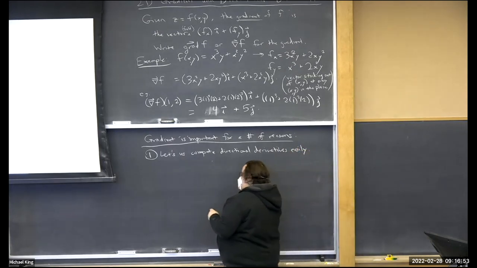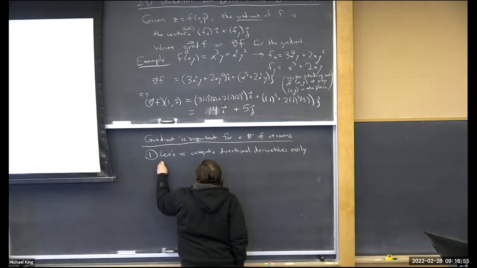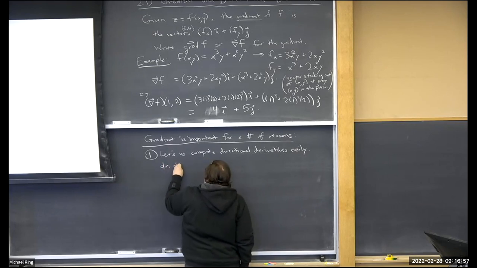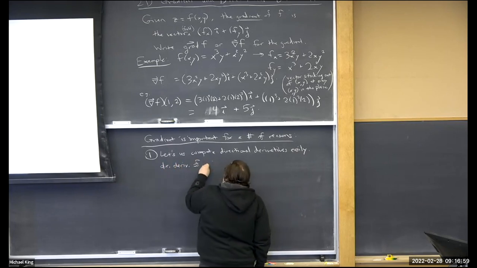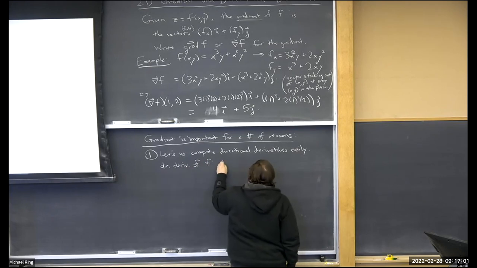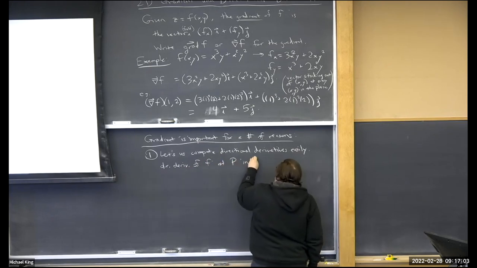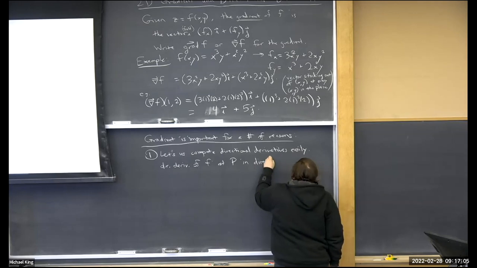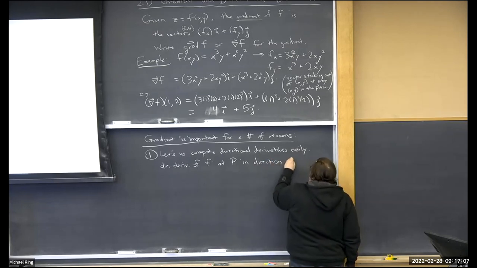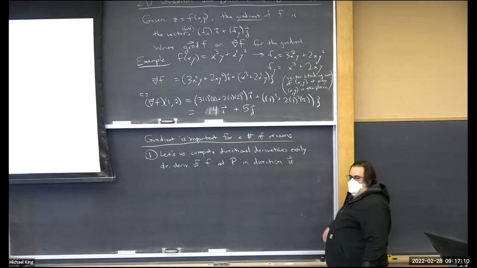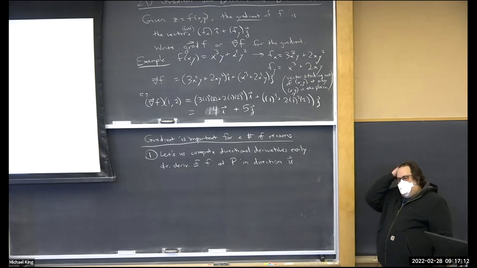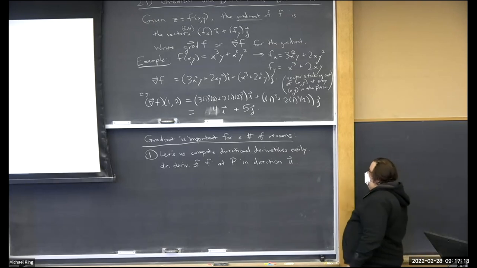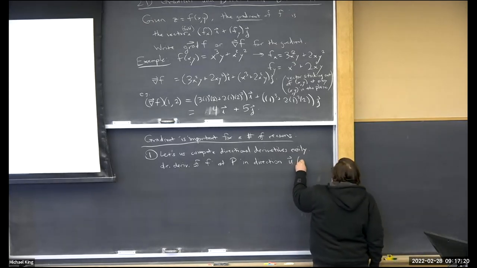The directional derivative of f at p in the direction u. So now I'm at a specific point and I want to go a specific direction away from that point. And I want to ask what's the slope? Basically, what's the instantaneous rate of change in that direction? And remember, u is a unit vector.